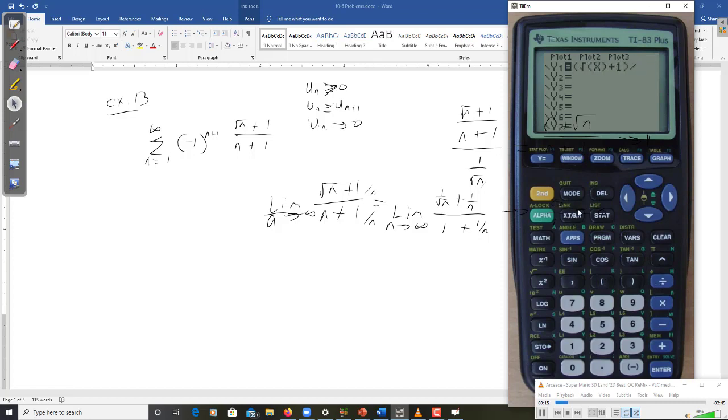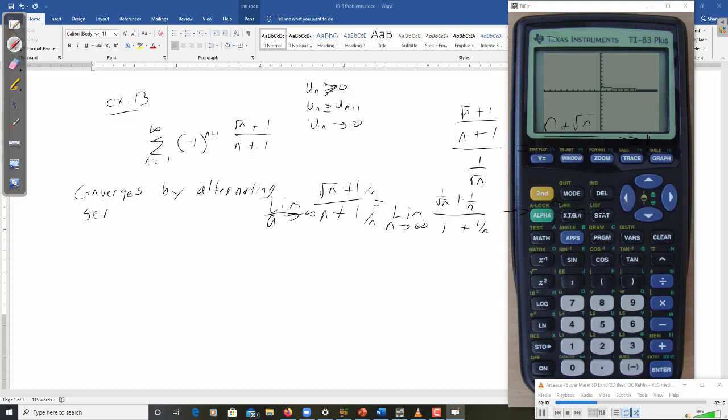Divided by, in parentheses, x plus 1. And if you look at the graph, decreasing, decreasing. So it satisfies all the conditions of the alternating series test, and it converges by the alternating series test.